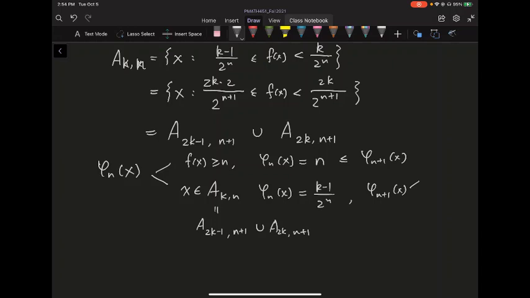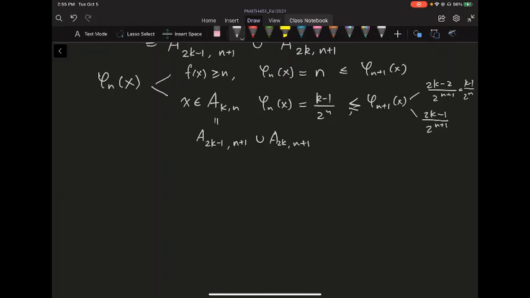It can come from the first interval, which gives you a value of (2k minus 2) divided by 2 to the n plus 1, or it comes from the second one, which gives you the value of (2k minus 1) divided by 2 to the n plus 1. The first one is essentially the same as what we had before, that's (k minus 1) divided by 2 to the n. And the second one is just slightly larger than the first one by 1 over 2 to the n plus 1. So in either case, you can convince yourself phi n plus 1 of x gives you a larger value. So you really have an increasing sequence of simple functions.